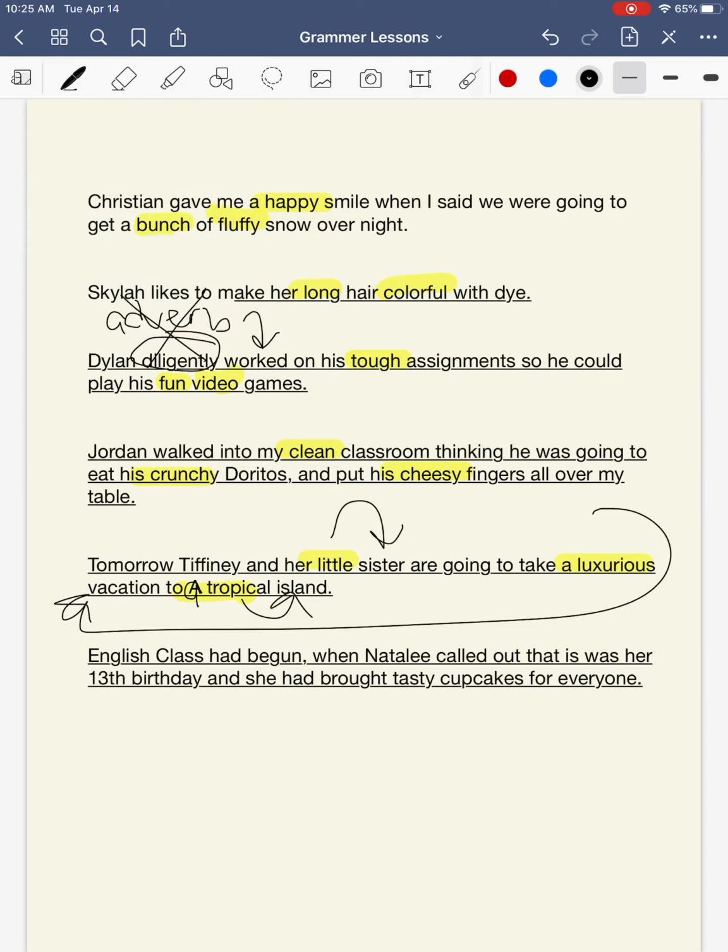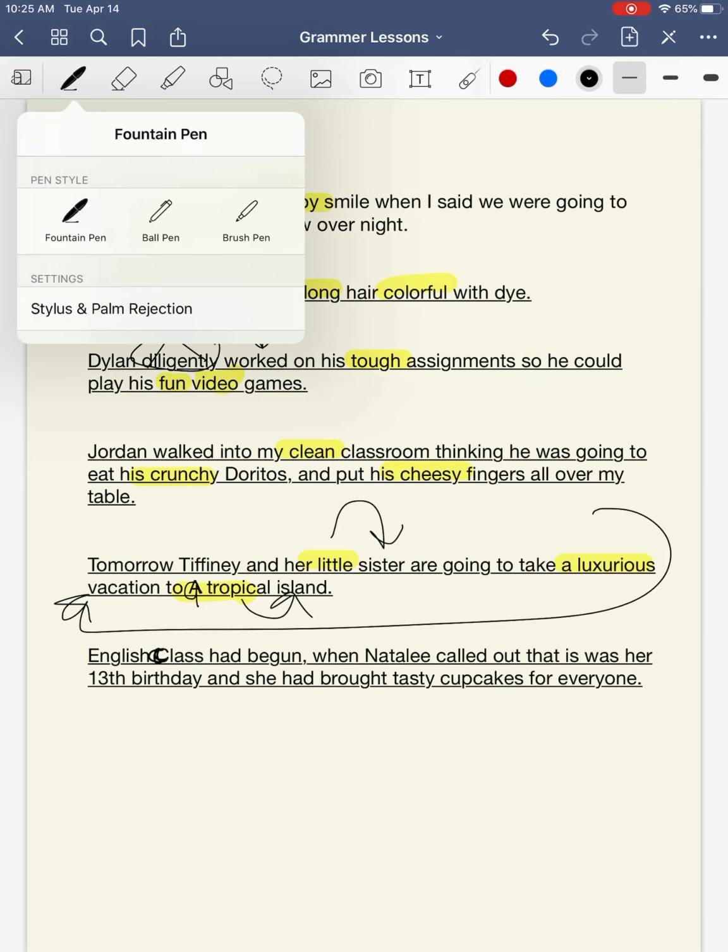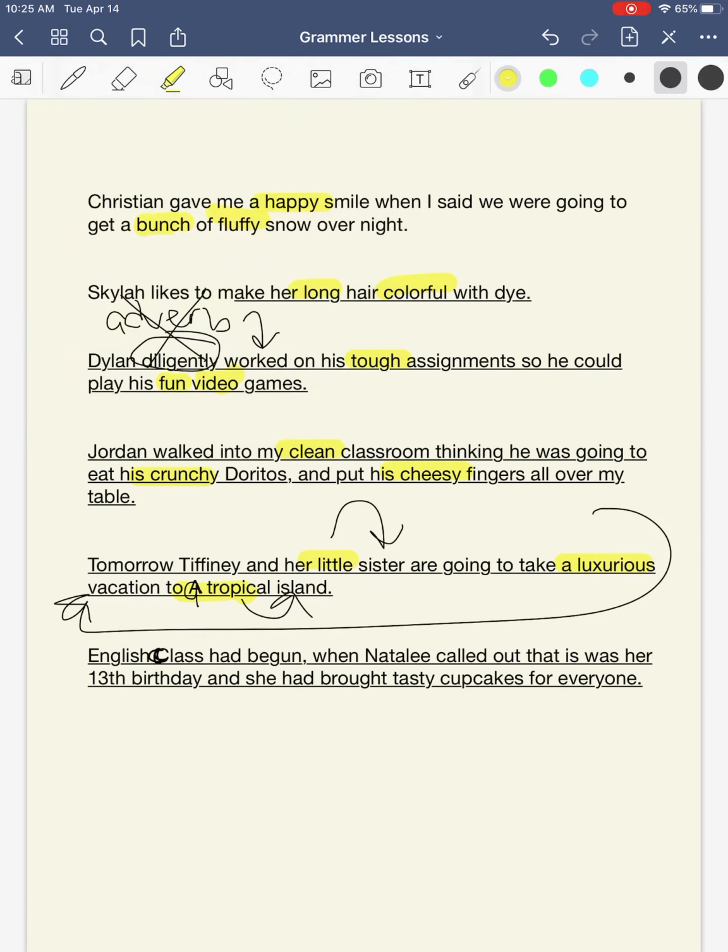All right, next one. English class had begun when Natalie called out that it was her 13th birthday and she had brought tasty cupcakes for everyone.